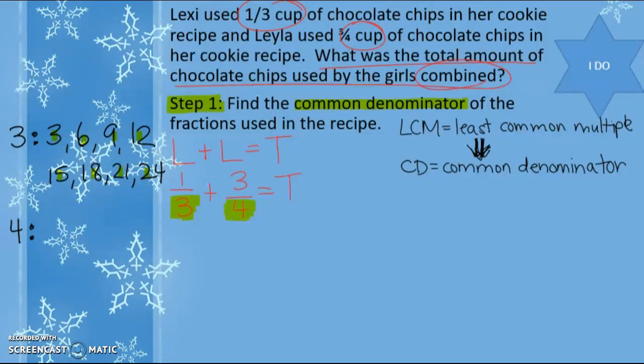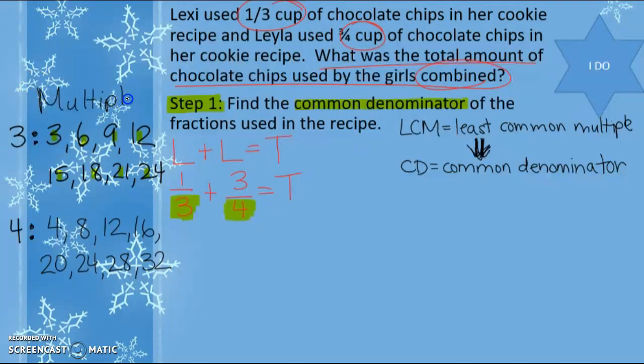Let's count by fours. We've got 4, 8, 12, 16. What comes next? Good. 20, 24, 28, 32. Okay?